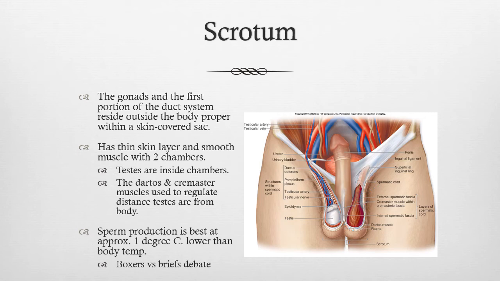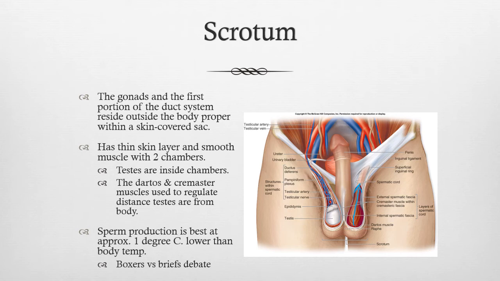During production of sperm, the sperm require a slightly lower temperature than body temperature. They need to be allowed to alter their temperature by either, if the outside temperature is cool, the cremaster and the dartos muscle pulling the testes closer towards the body.